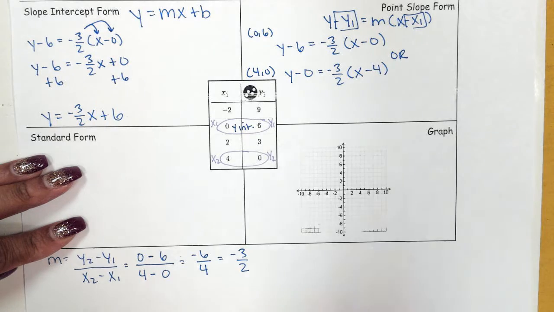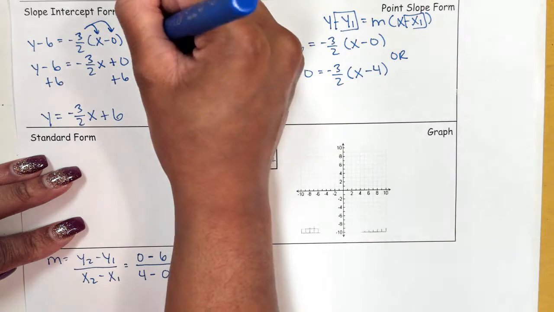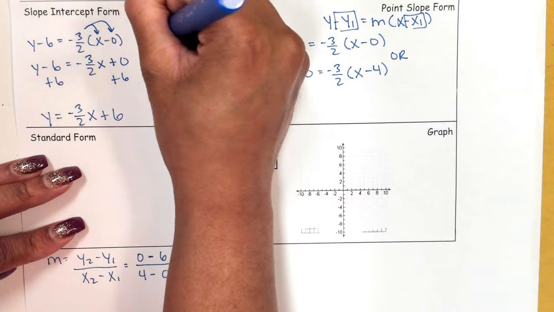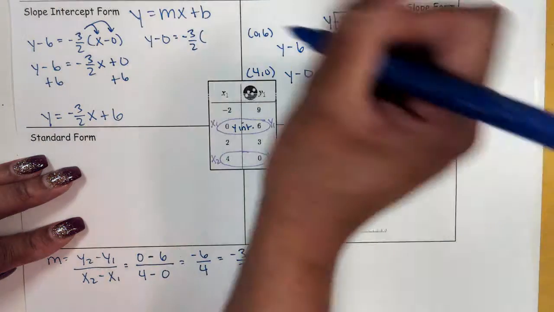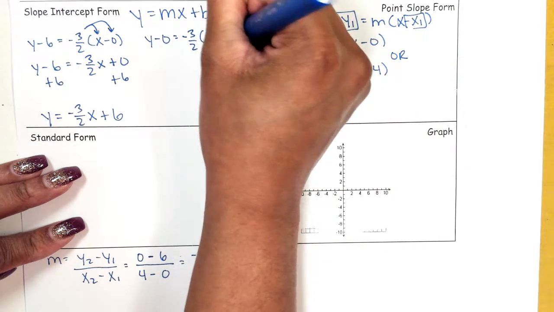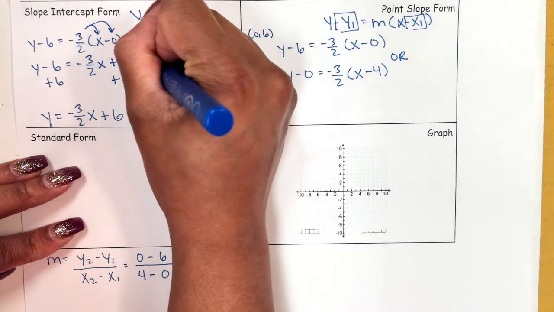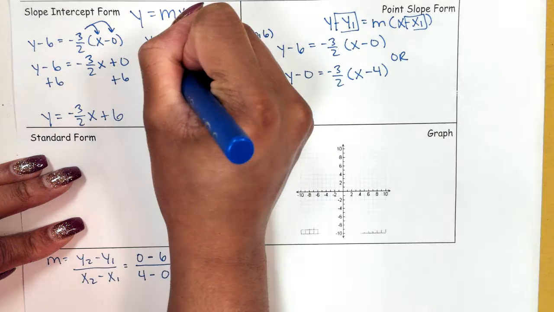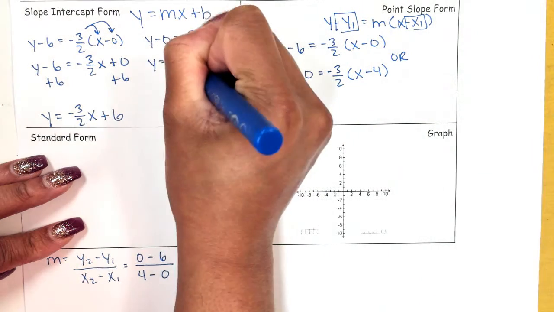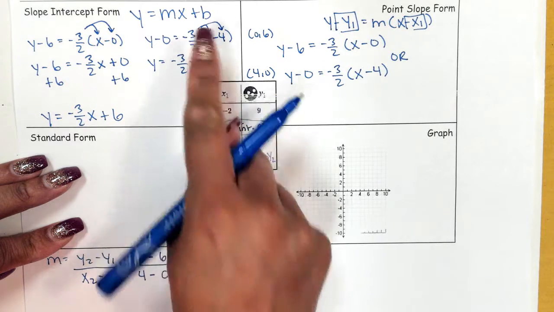If I had to do the same thing with (4, 0), let's see if I end up with the same. So y minus 0 equals negative 3 over 2, open parentheses, x minus 4. Okay, so I'm still going to distribute, but y minus 0 is just y. So I have y equals negative 3 over 2x. Then I have negative 4 times the negative 3.